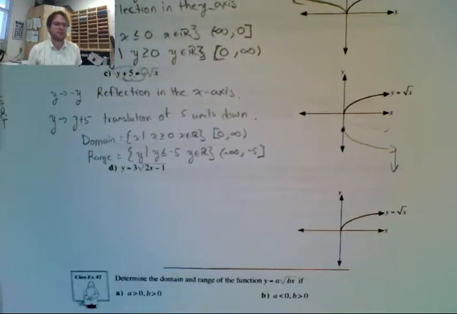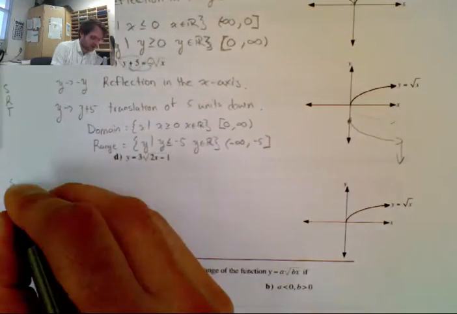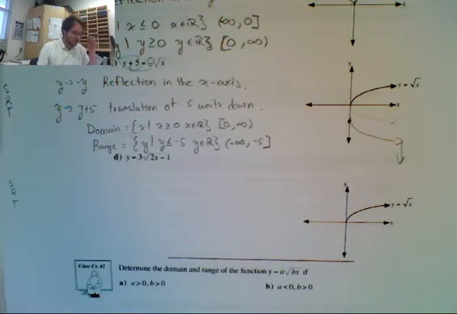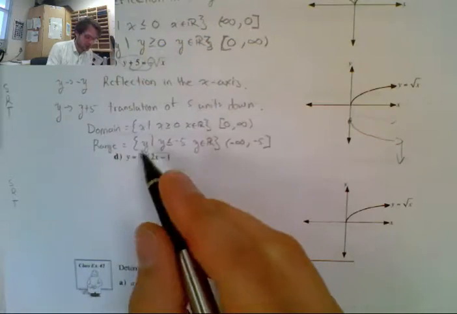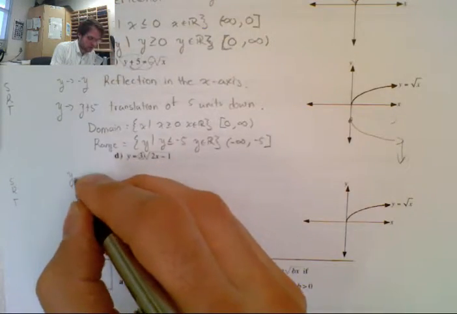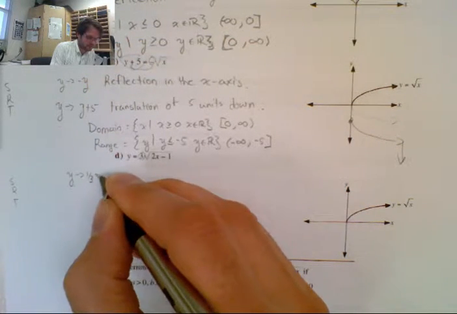Okay? Last one is D. So once again, let's write out stinky, rotten, tomatoes. So which one happens first is the stinky, so stretches. Well, first of all, I'm going to put that 3 there. That's the same thing as saying y was 1/3 y. Okay?